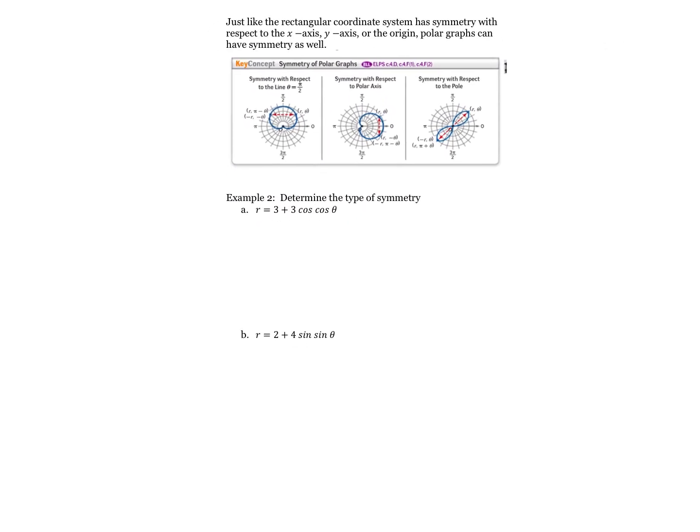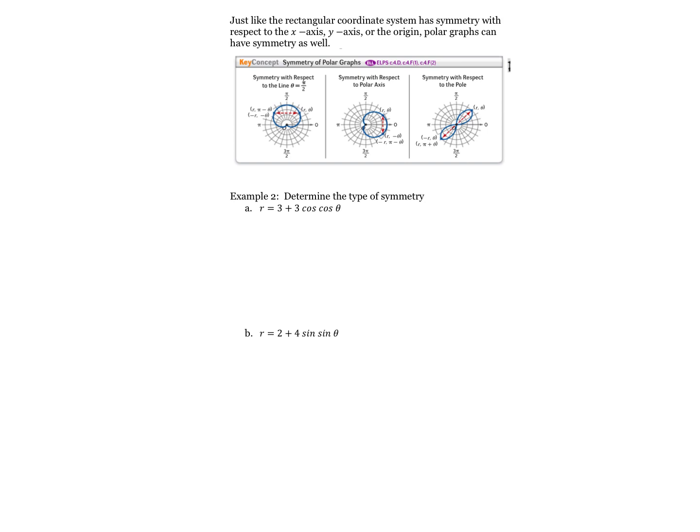Example 2, we need to plug this into our calculator and figure out which of the 3 symmetries we have. When I download this from the internet, it does that double cosine and double sine. But when I graph it on my graphing calculator, I type 3 plus 3 cosine theta, and let me change my window to negative 5 to 5.